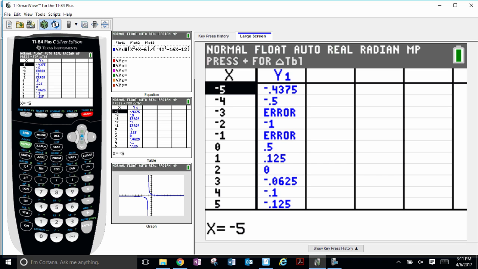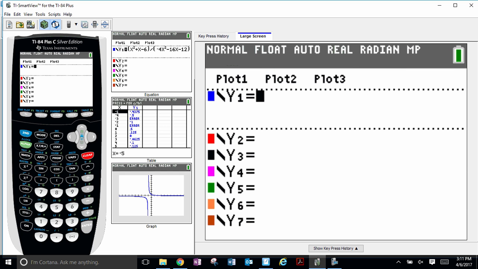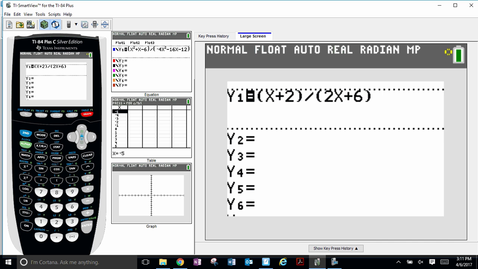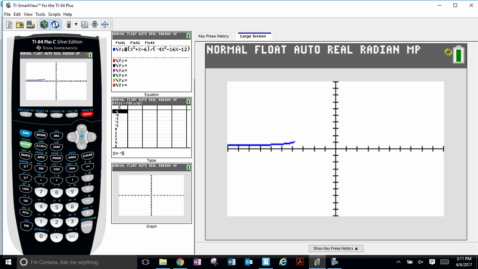So then when you typed it in, you should have parentheses x plus 2 divided by parentheses 2x plus 6. Okay, so we have the hyperbolas again.